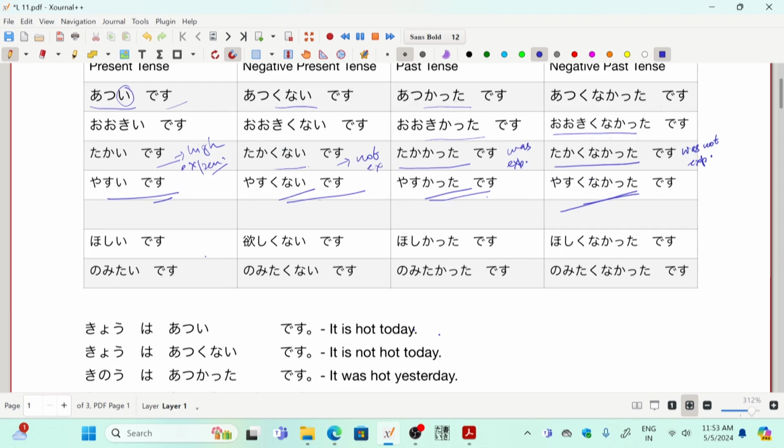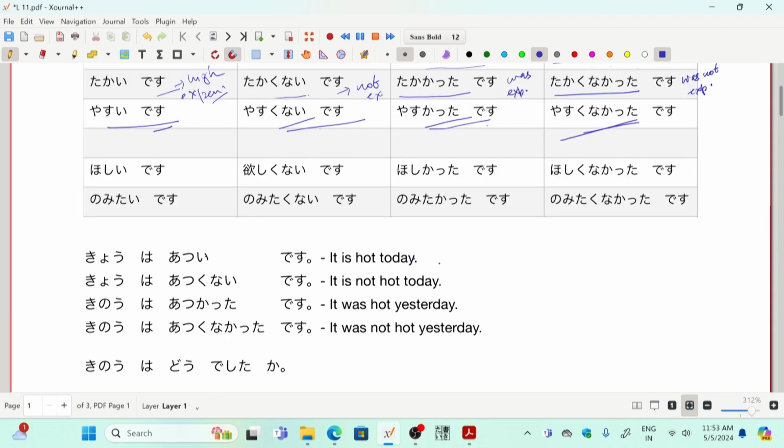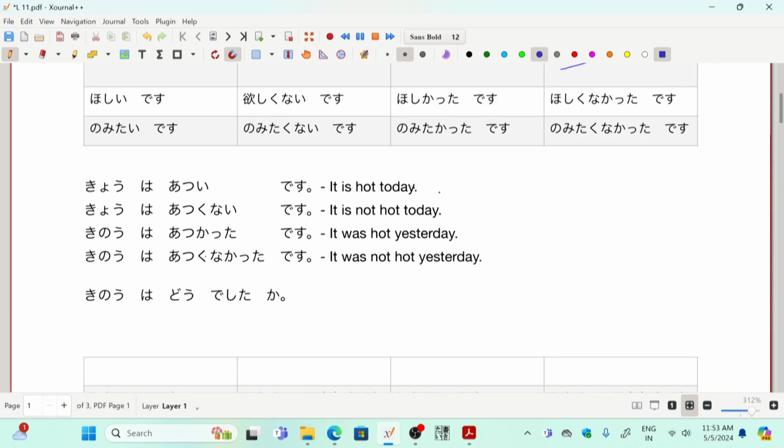And same rule apply with Hoshii and Tai form. So Hoshii is used to express desire. So Hoshii desu, I want that object. Okay, so when I say I want a car, kuruma ga hoshii desu.